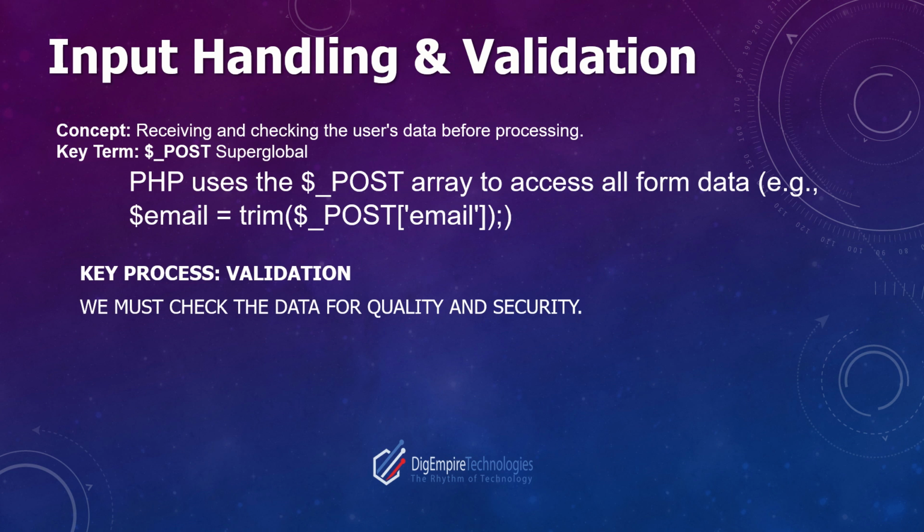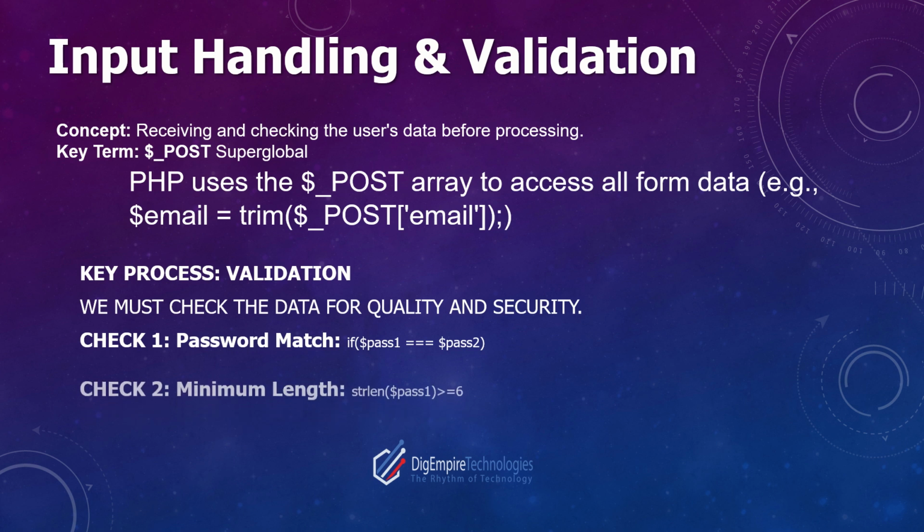So we must check the data for quality and security. Number one check that is done is that of password. Is the password matching? When it is checking or handling inputs, is the password matching?